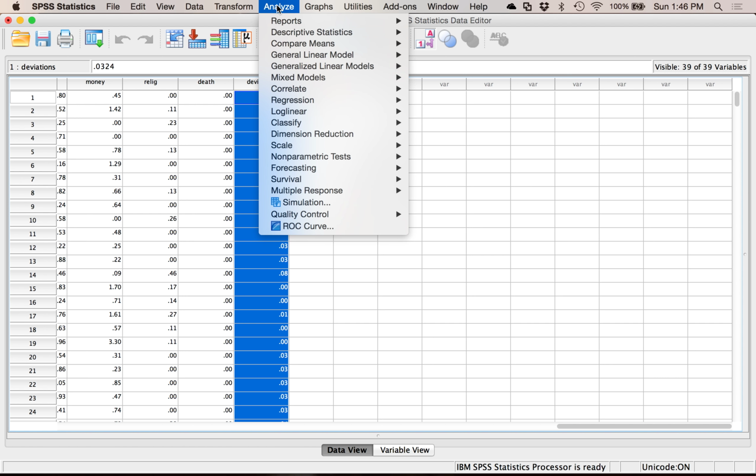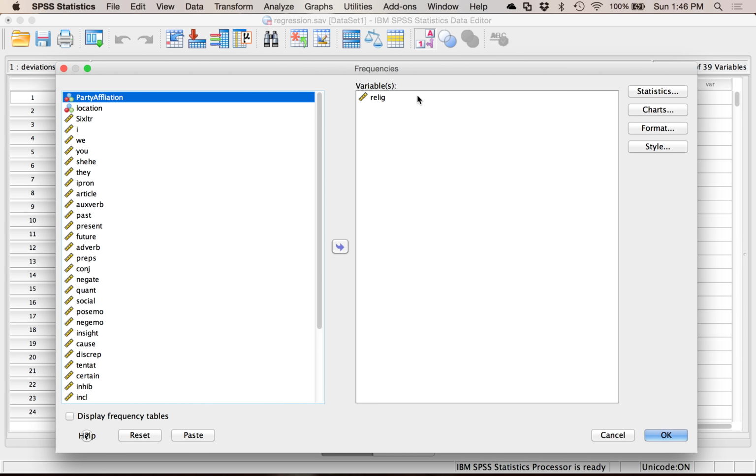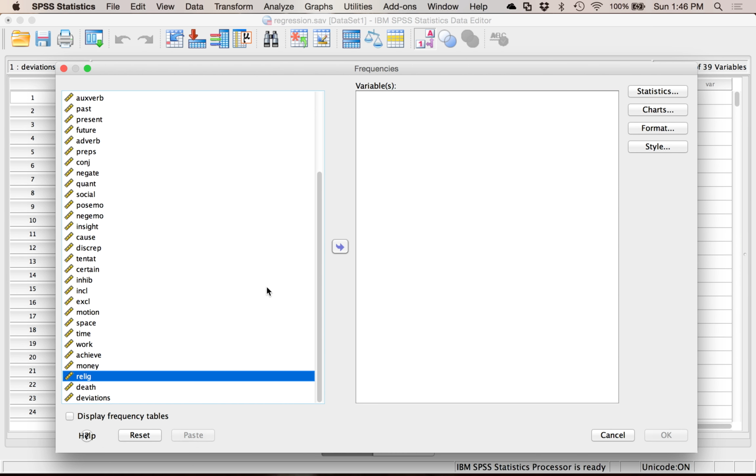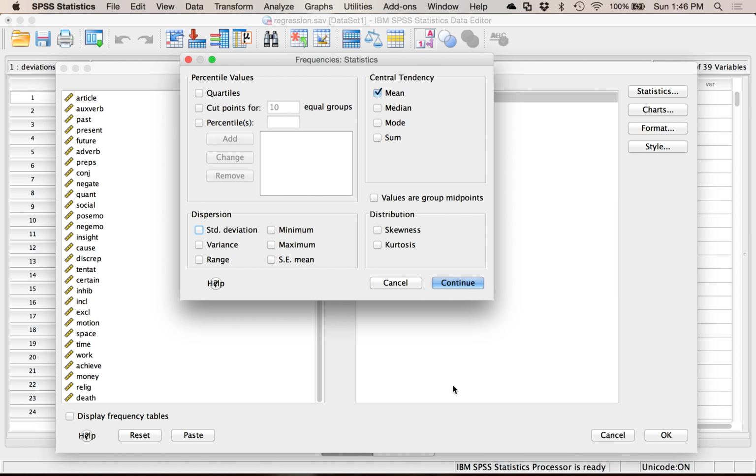So let's go Analyze, Descriptives, and then Frequencies. I'm going to take out my religion variable so I don't get confused, put in my deviations variable, and under Statistics only pick the mean. That will help you not pick the wrong thing. You could leave in all the different options we talked about earlier, but I think it's easier if you just pick mean so you don't look at the variance or the standard deviation column.